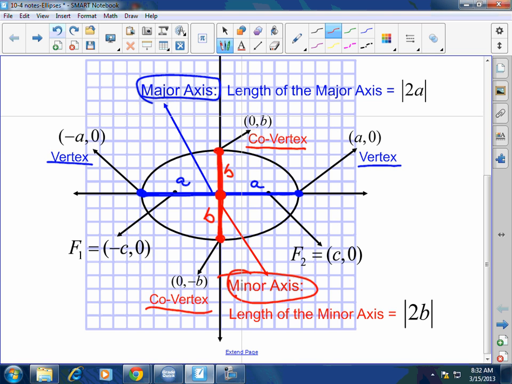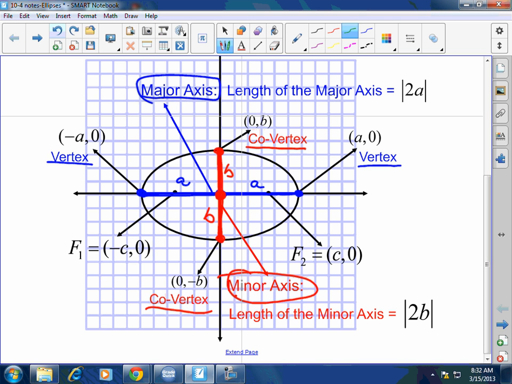The co-vertex. Your focus. Focus has been very important so far, especially in the parabola, not so much in the circle. But the focus is so important for the parabola and the hyperbola and for the ellipse, because that focus is what helps define what kind of conic shape you have.